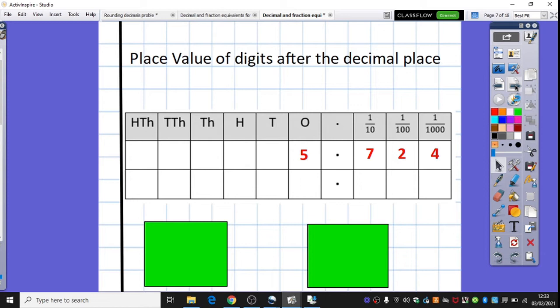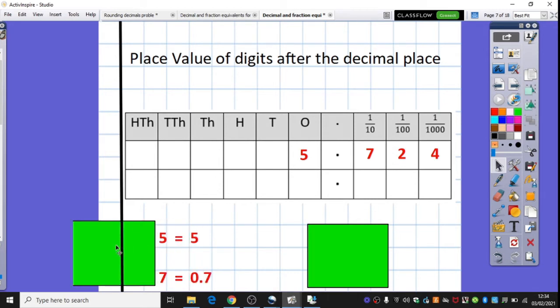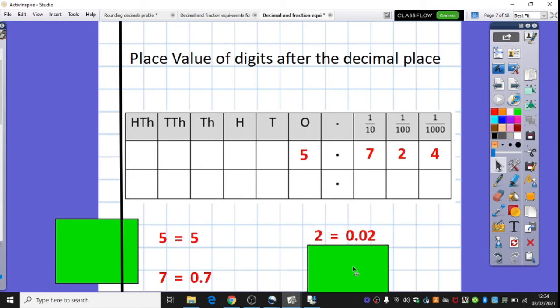So quick recap then of the value of the different numbers in their decimal places. We've got the number here 5.724. So if we look to begin with, obviously the number 5 has a value of 5. The value of 7 is worth 7 tenths, and you can see here we've got our tenths column, we record it as 0.7, and our 2, we've got 2 hundredths, we record it as 0.02.